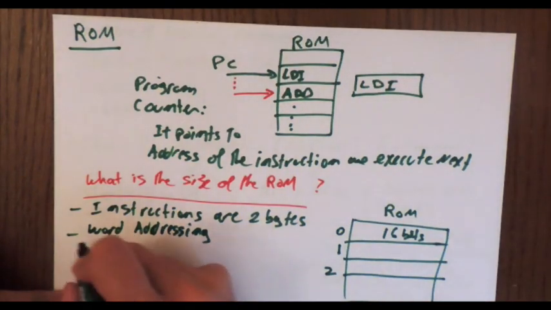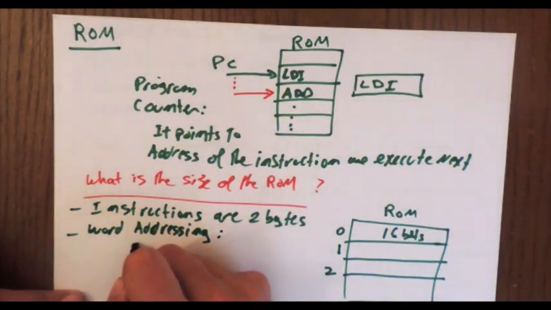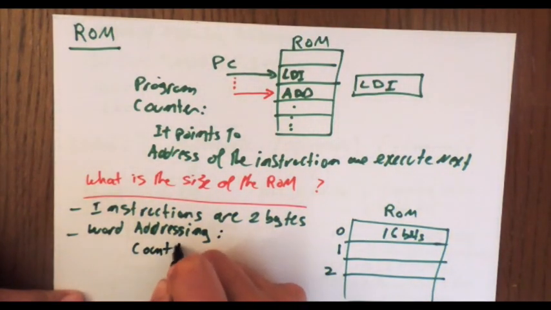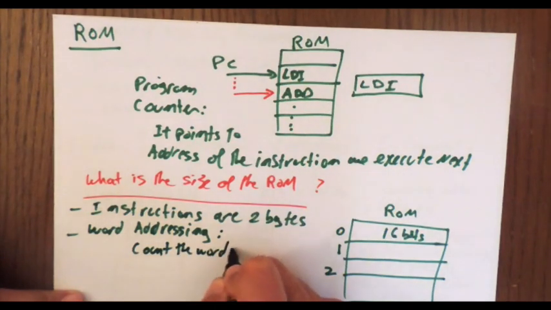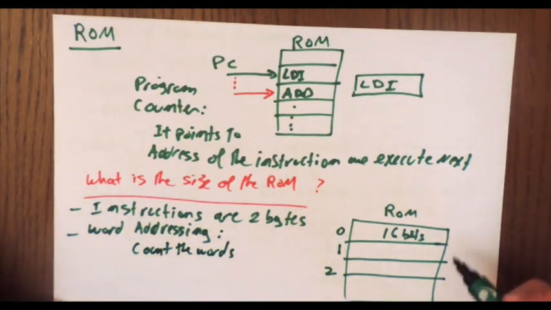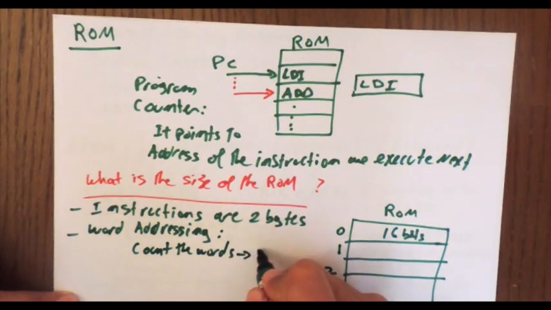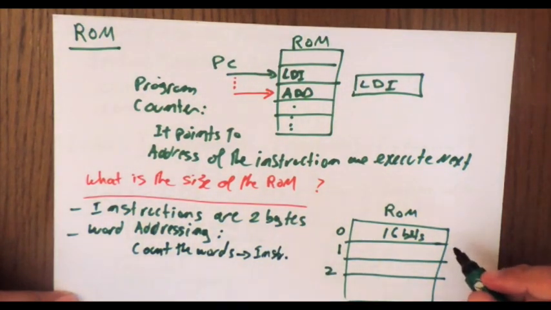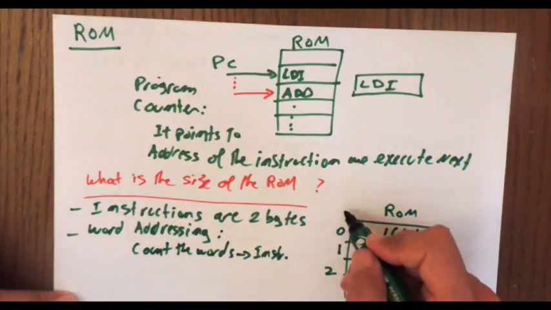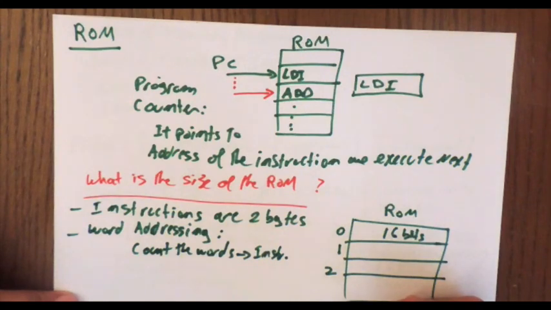With word addressing, we count the words. So what words am I talking about? By words I mean the instructions. So I'm counting the instructions. All right. So the bigger the PC is, the bigger the memory is.